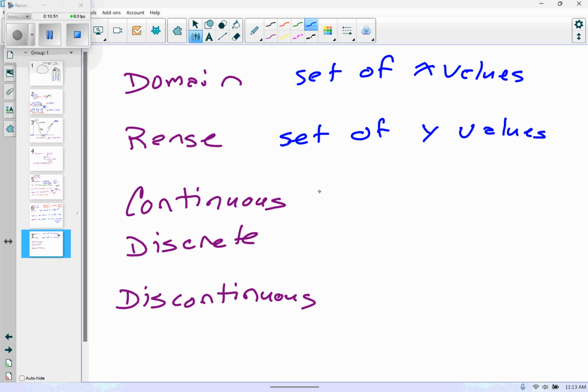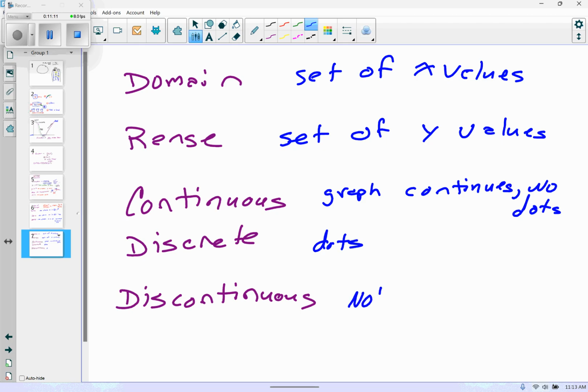Continuous, graph continues, no dots. Discrete, that's dots. And then discontinuous would be not a continuous curve or graph.